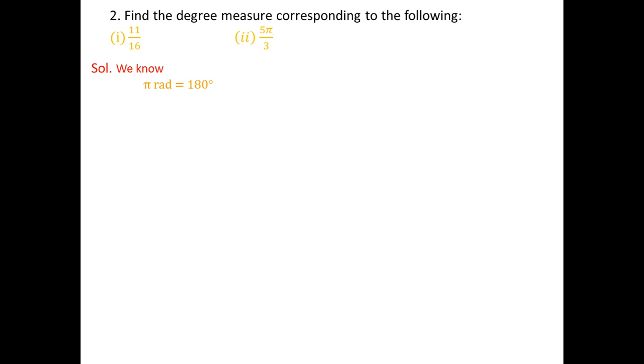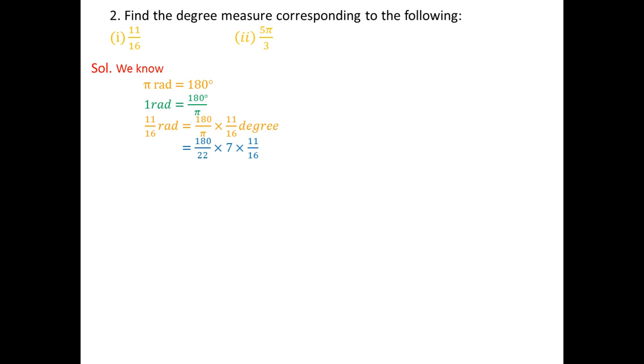Pi radian equal to 180 degree. 1 radian equal to 180 by pi. Now we have to convert 11 by 16 into degrees. 11 by 16 radian into degrees. 11 by 16 radian equal to 180 by pi into 11 by 16 degree.